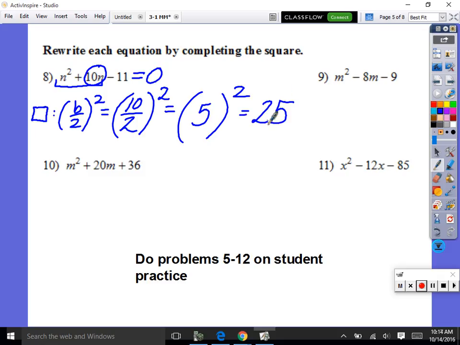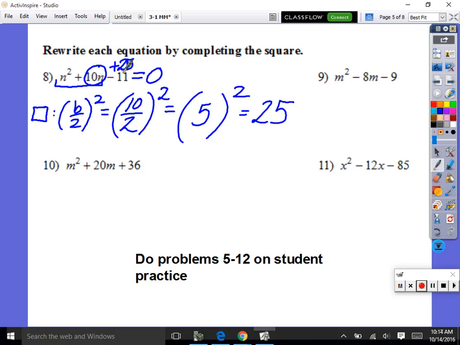So before, were we adding 25 up here? Yeah, just a second ago, wasn't that what we were doing, adding c? So what you're going to do is add 25. Now understand, if you add 25 to this side of the equation, you've changed it, correct? The other ones didn't have an equal sign, so we could just put it right in there. But where this has an equal sign, you've now changed the problem, which isn't allowed.